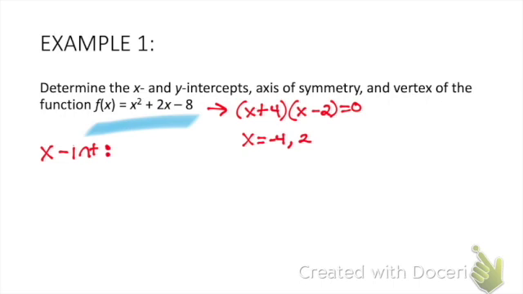So my x-intercepts are going to be (-4, 0) and (2, 0). Oh, yeah, thanks. Doing some transitive property in my head there. Okay, so (-4, 0), (2, 0).